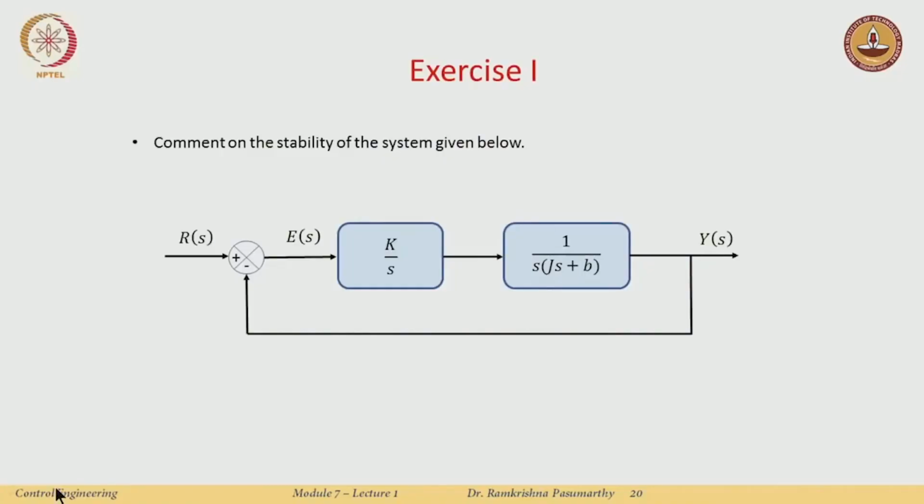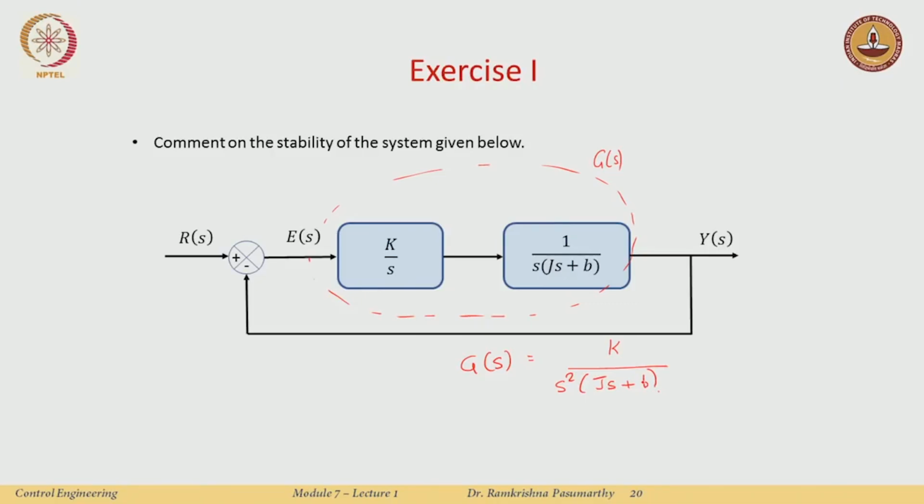So, if I take this example here, I need to see how the system looks now. Calling the total G of s the open loop transfer function, G of s here is k over s squared times (J s plus b).